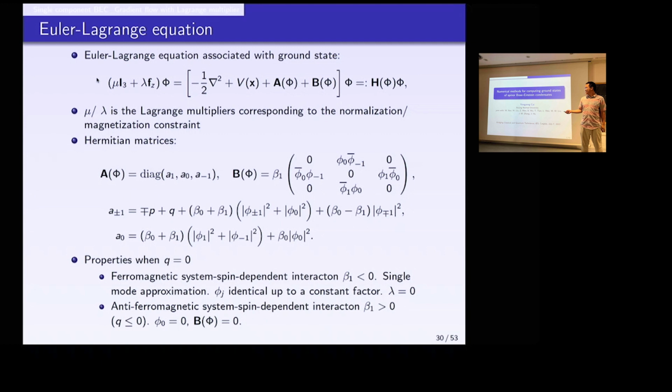Then essentially all the components are the same up to some scaling factor. And the anti-ferromagnetic case is when beta 1 is greater than 0, then the zero component must be equal to 0. So the 3-component case can be reduced to a 2-component case.